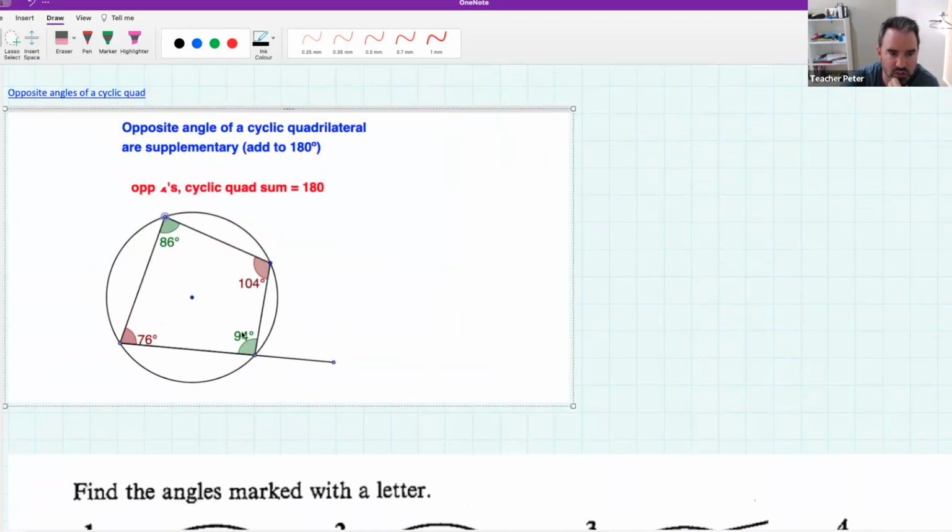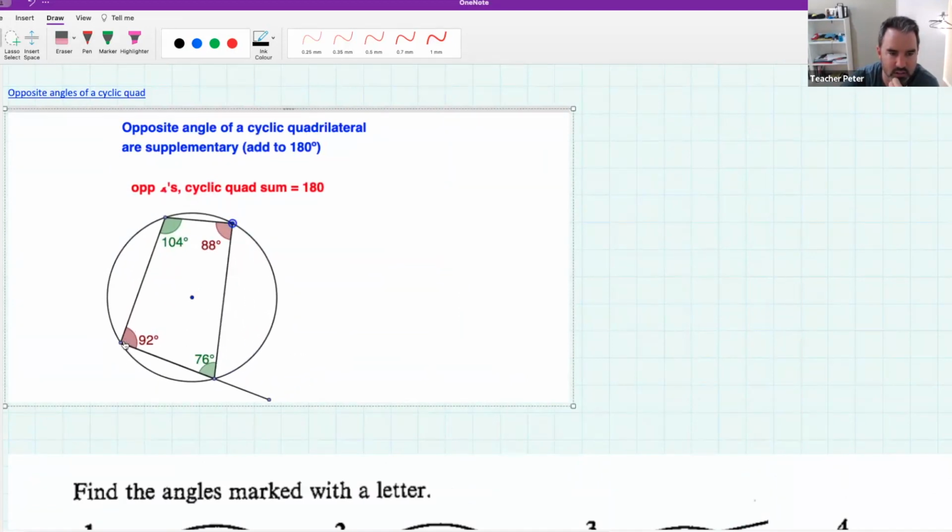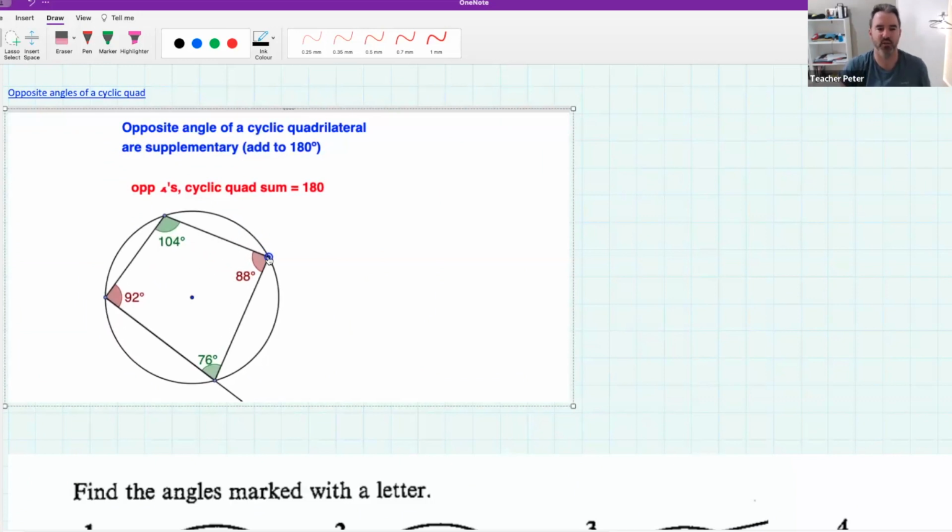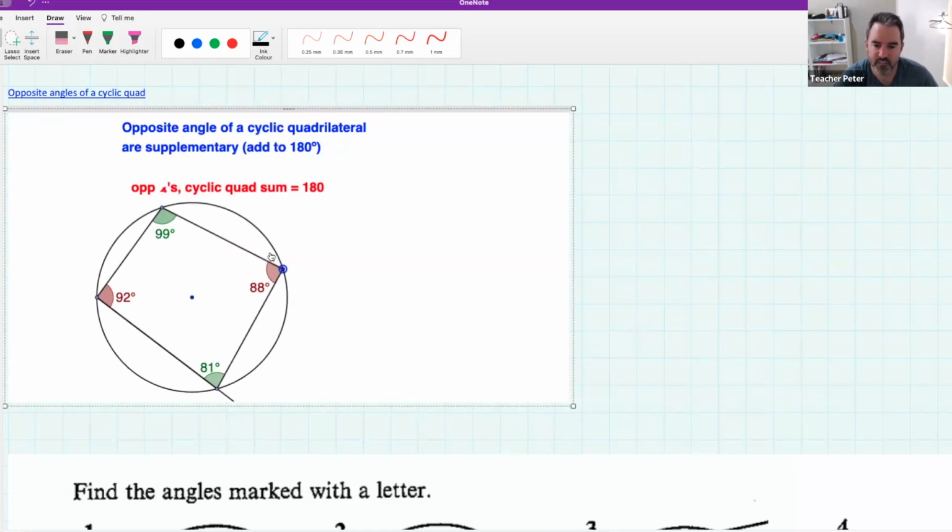What do you notice about the cyclic quad here? And it's sort of like there's pairs of angles, the red pair and the green pair. Are opposite angles equal in a cyclic quad? If I move this around, what are we seeing?